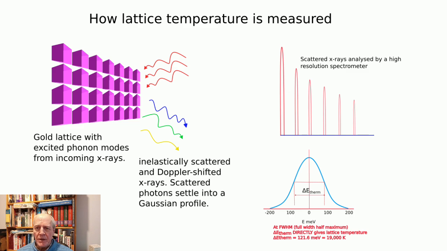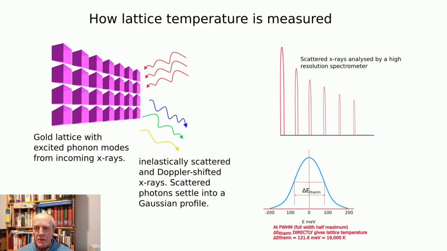After the X-rays have been scattered, they have a tendency to be Doppler shifted, hence the wavelength changes I mentioned a few seconds ago. However, they also eventually settle down into a Gaussian profile, which is shown in the bottom right hand corner of this slide.